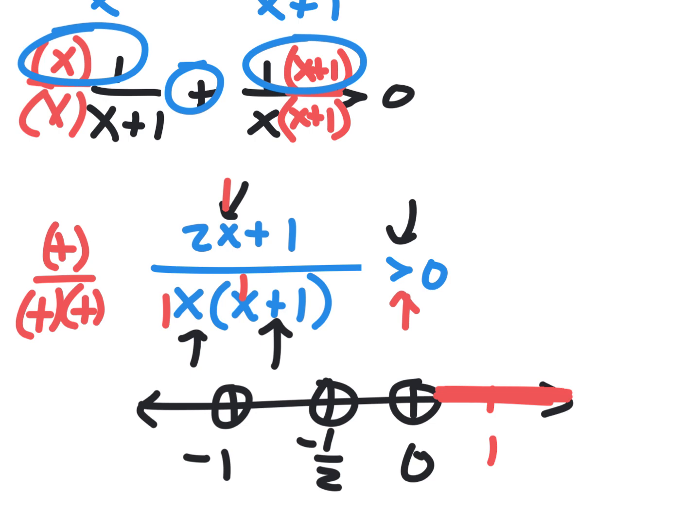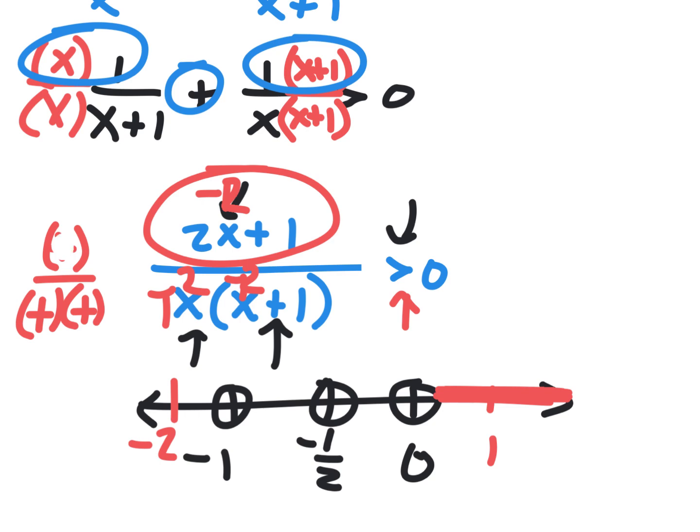Nate, did you check the other intervals yet? All right, then you get to check this one with me. When I stick -2 in, you tell me whether they come out negative or positive. What's the top come out? All that matters is that it's negative.